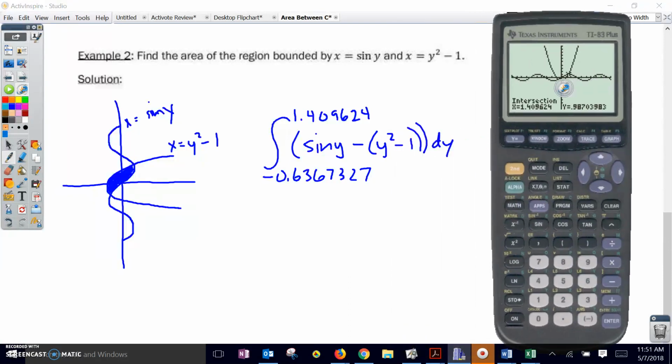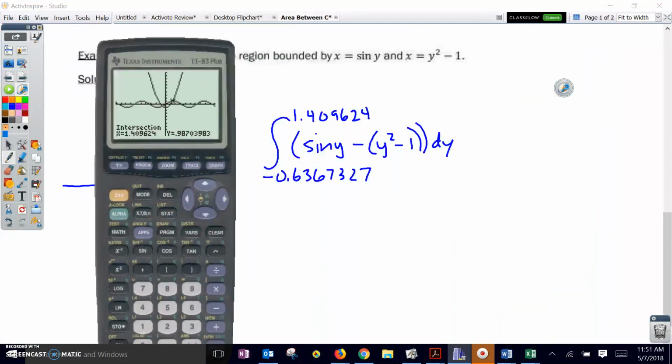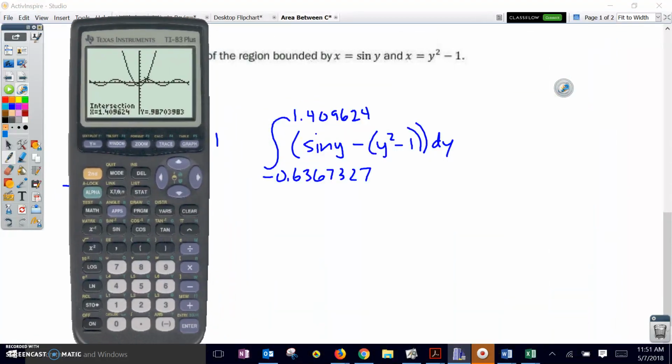I'm going to go ahead and do that on my calculator as well. Pull my calculator over here where you can see it. So I go out to my main screen and pull up my numerical integral and switch the variables on here.